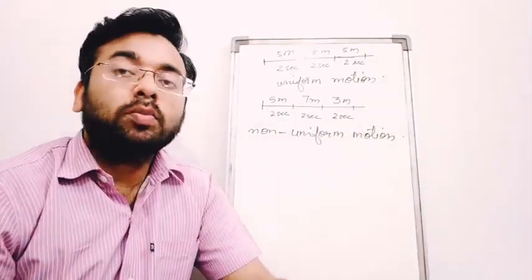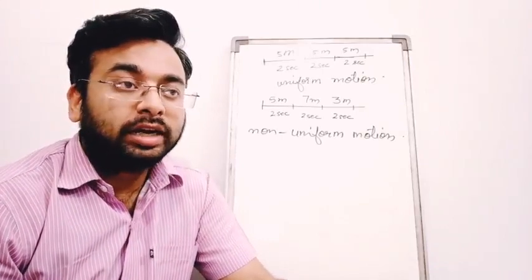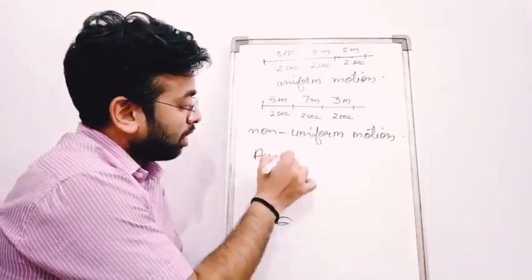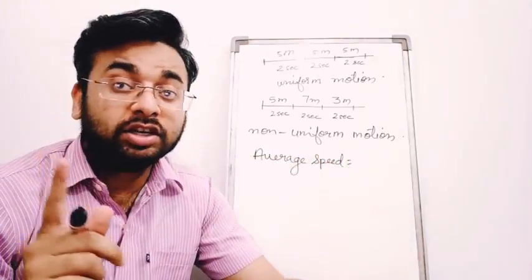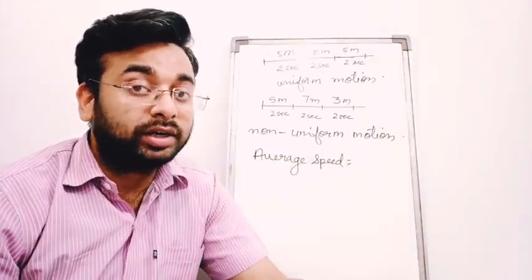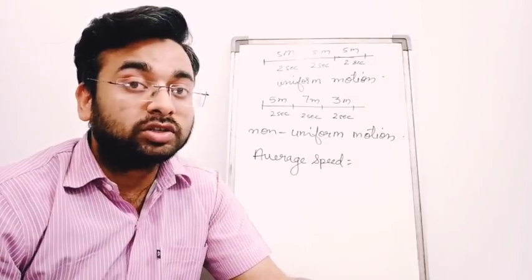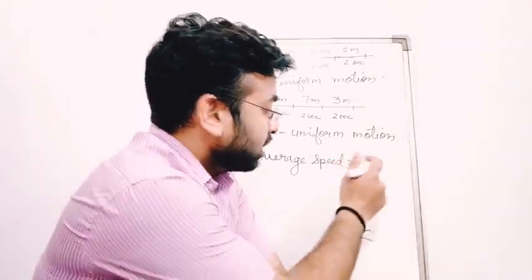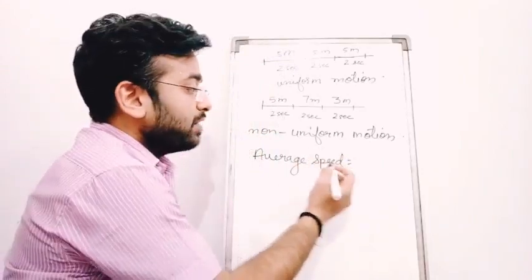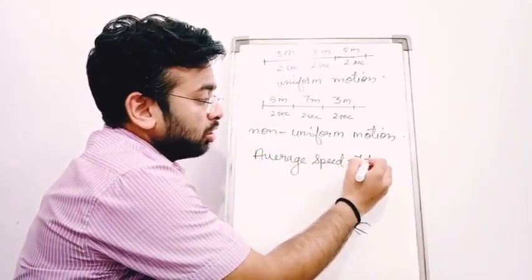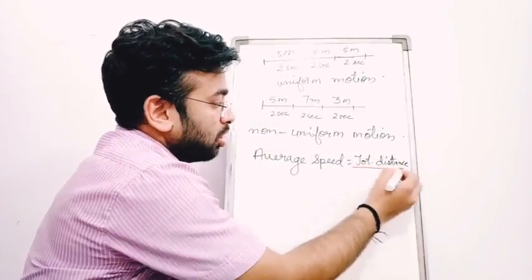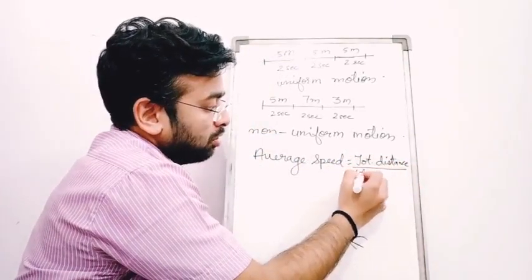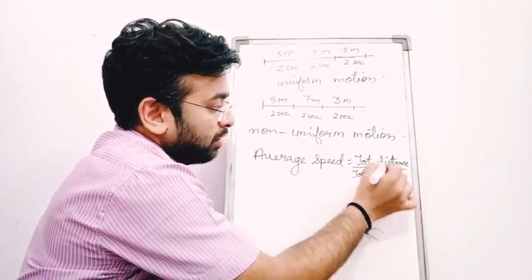Now you can obtain average speed as well. Speed, again by definition, says distance over time or the rate of change of distance. So to obtain average speed, what you need is total distance upon total time.